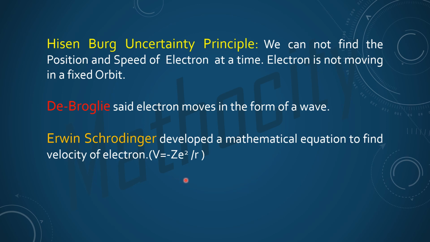After the development of the wave equation by Schrödinger, the quantum mechanical model of the atom was introduced by Erwin Schrödinger. Let us discuss the salient features of the quantum mechanical model of the atom.